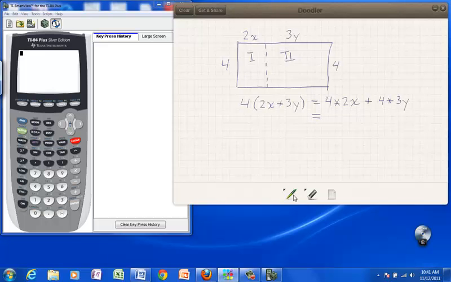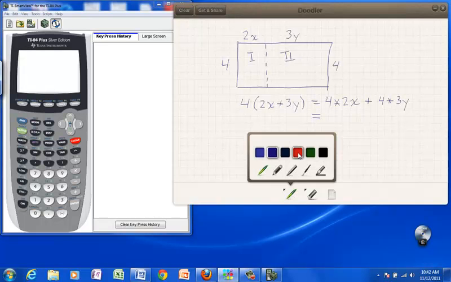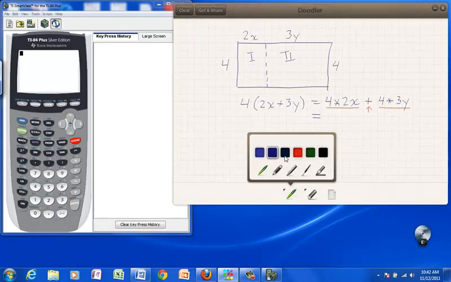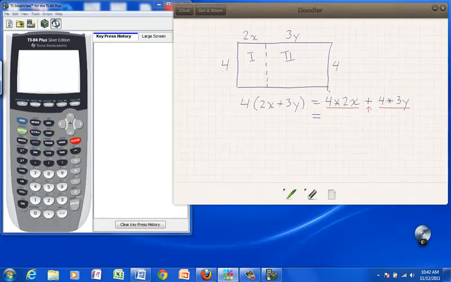So now I need to go back in and simplify those terms. If you remember, early this quarter, we identified terms as being separated by addition and subtraction, not in grouping symbols. And we're going to still concentrate on that by simplifying each of these terms before we try and do any adding when we're working in algebra. 4 times 2x simplifies down to 8x. 4 times 3y simplifies down to 12y.